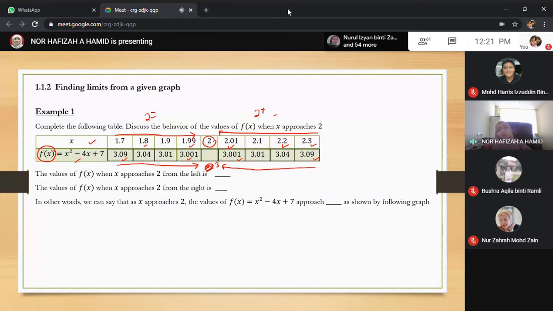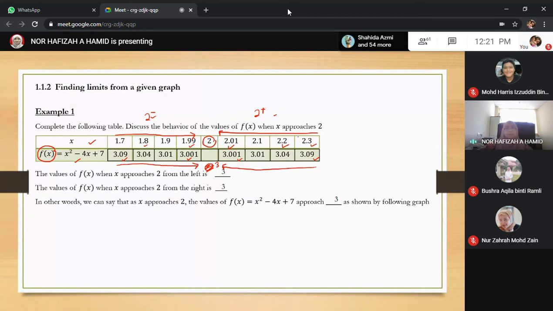So you have answers there. The values of f(x) when x approaches 2 from the left is 3, and the values of f(x) when x approaches 2 from the right is also 3. So ni your conclusion. In other words, we can say as x approaches 2, the values of f(x) approach 3.